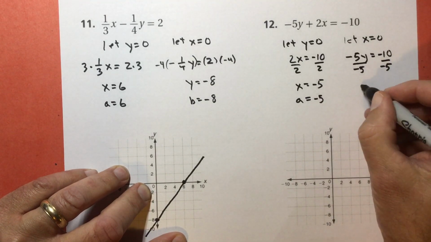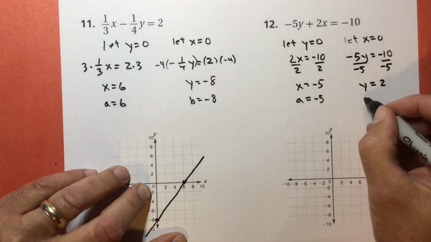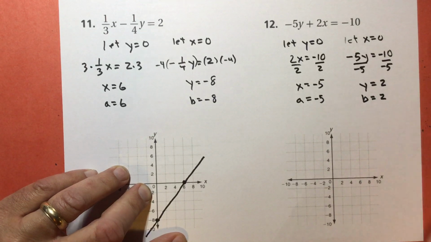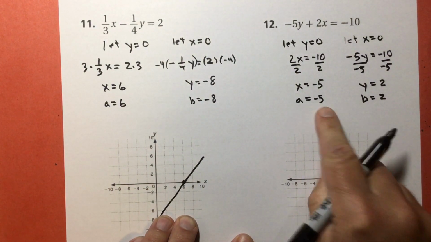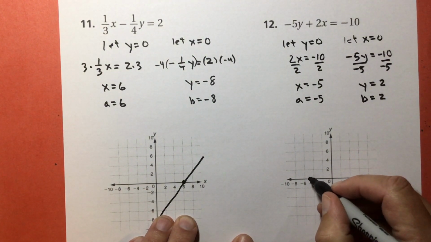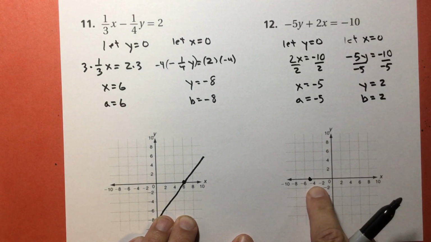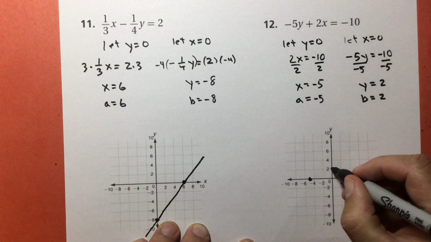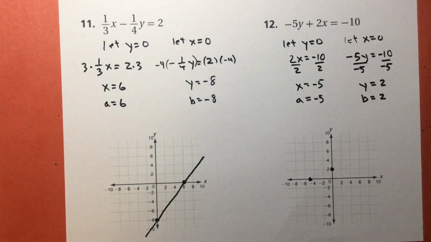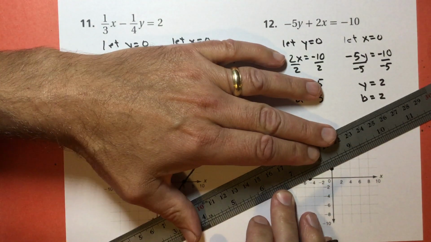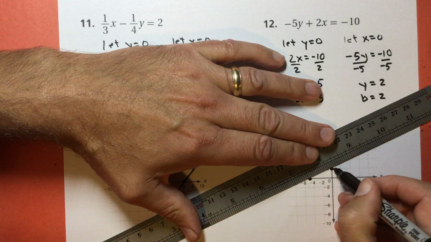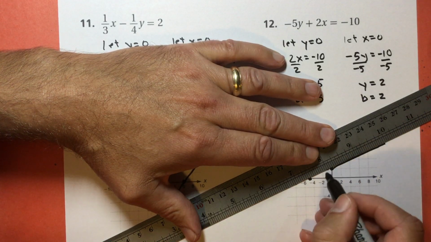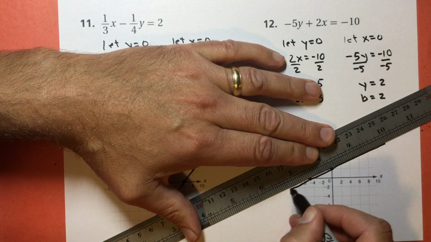Divide by negative 5, and I get y equals positive 2. So my x-intercept is negative 5, which is right here. Notice it's on my scale, between the negative 4 and the negative 6. And my y-intercept is 2, which is right here. And I'm going to draw the line between them, just like that.